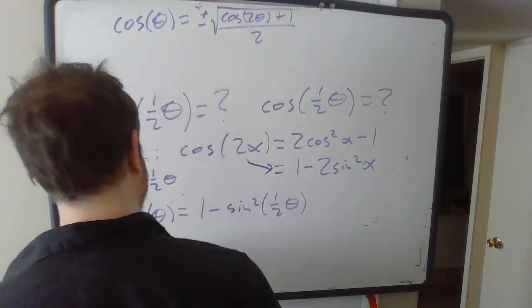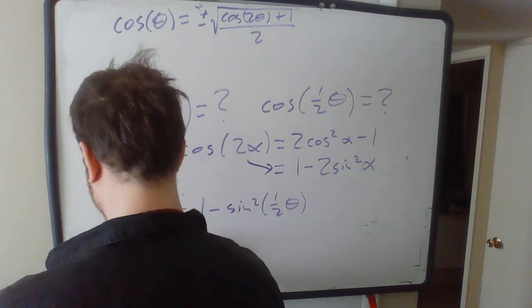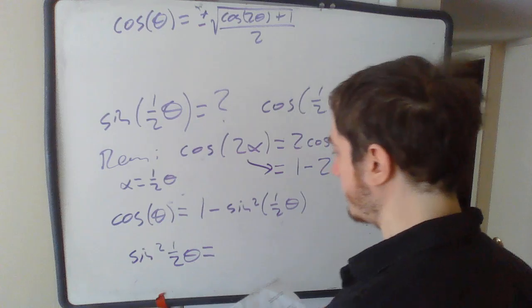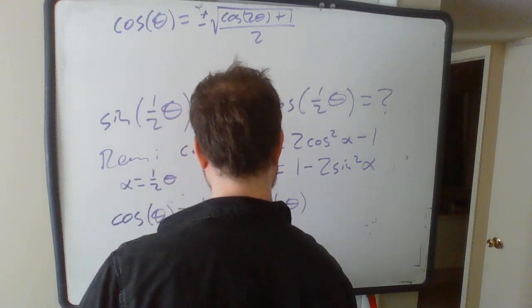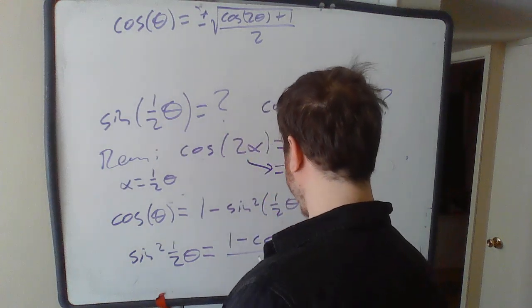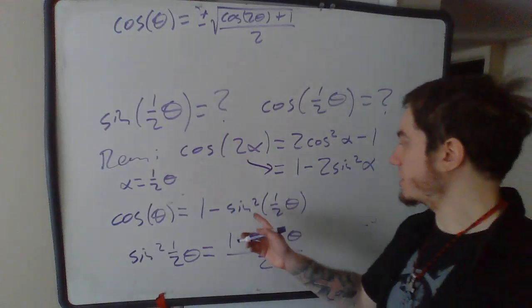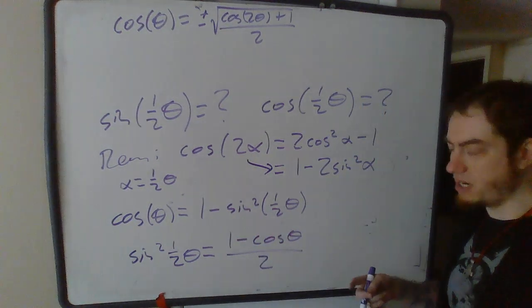So we're going to get sine squared of 1/2 theta is going to be equal to 1 minus cosine theta divided by 2. So that just comes from solving for sine squared 1/2 theta here, pretty much like we did before.